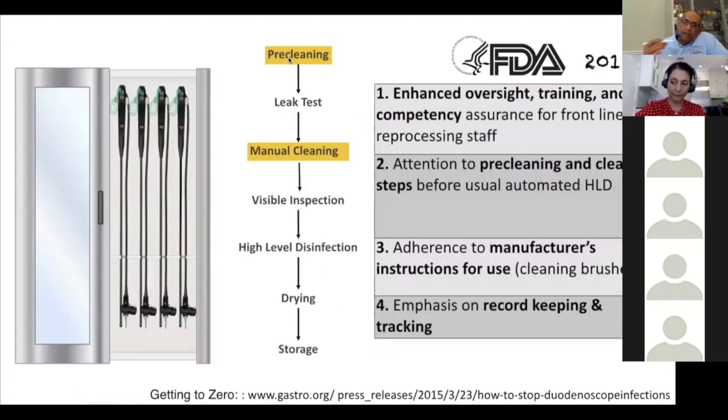And FDA, like I said, convened a lot of experts in 2015, and they came up with 4 important recommendations. The first one is to focus on the reprocessing staff in terms of oversight, in terms of training, and in terms of making sure that the reprocessing staff is competent.